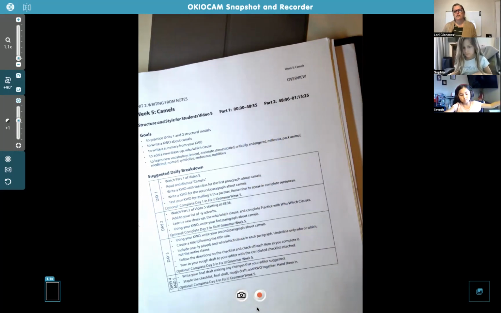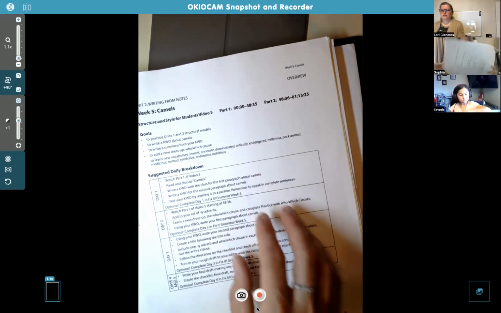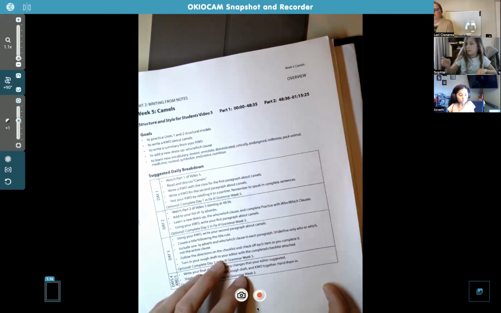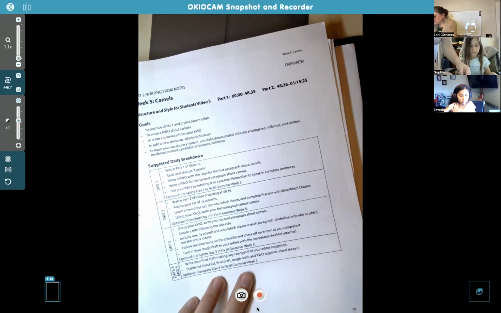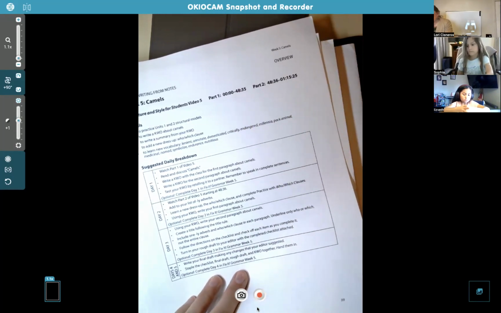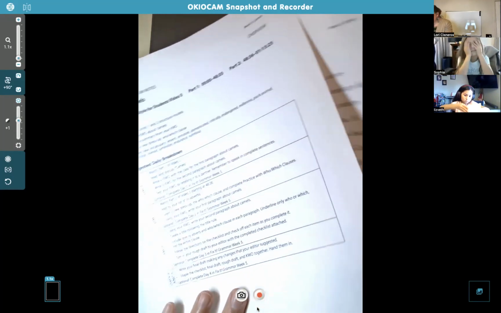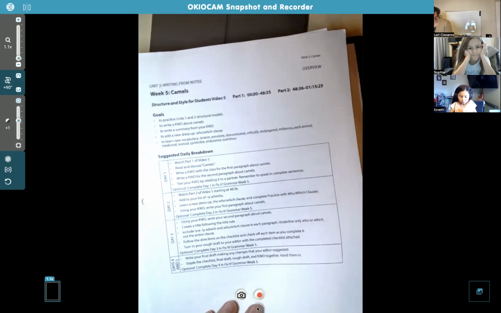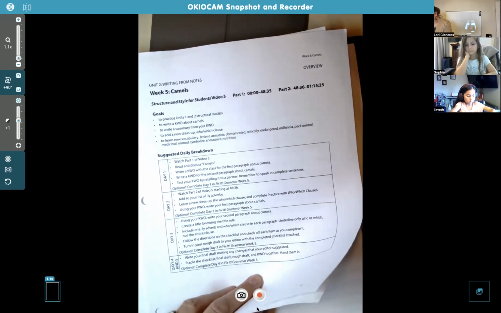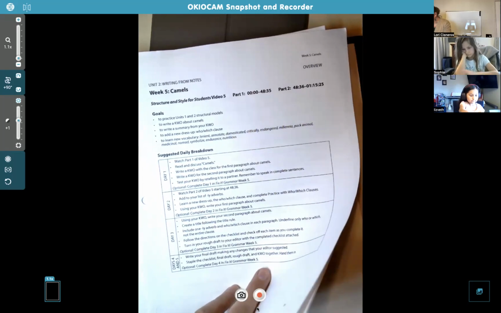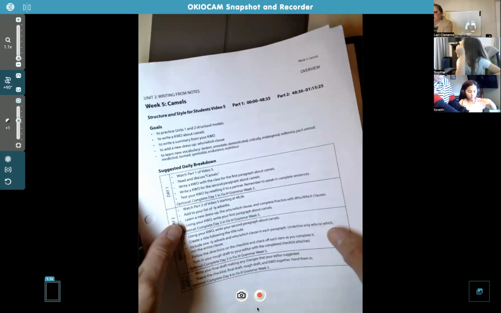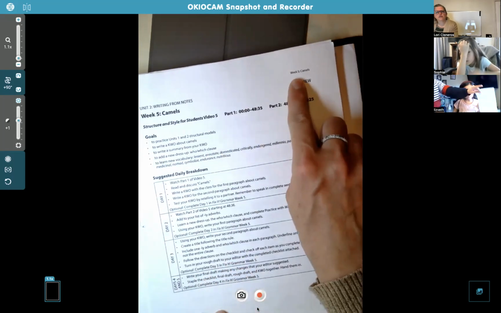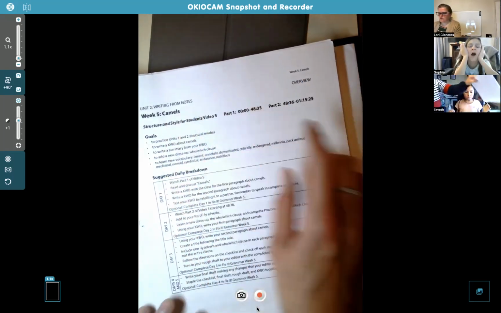Do you have yours, Sophia? The camels? Okay, good. So it should be under source texts. 3, 4, 5, because you're going to take out quite a few pages here. I want to make sure you know which ones to get. So it's week 5. It's called camels.